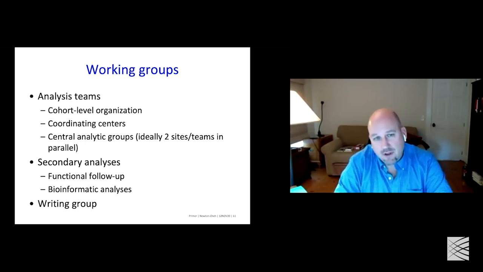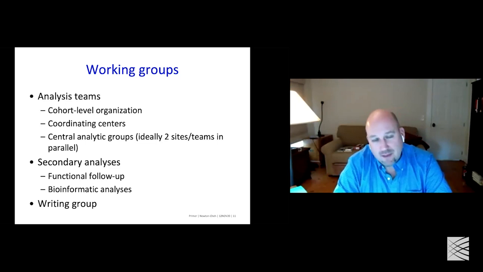And then there will typically be coordinating centers that receive data and are performing central analytic functions. And I'll try to convince you that ideally at least two sites or teams should be doing the central analyses in parallel.